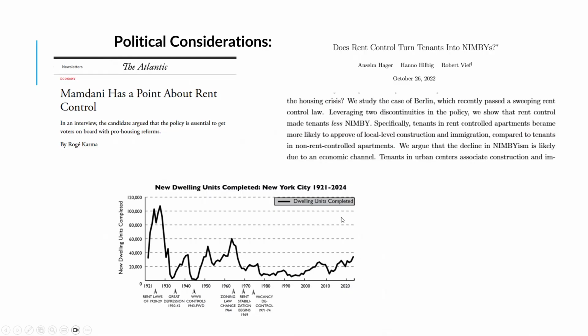So hopefully this all works out, especially with the whole City of Yes thing coming in, which I don't know if that's going to come in the way zoning advocates and maybe anti-zoning advocates would want. But hey, rent stabilization might be a tool that helps people be more supportive of new housing development. And that would be great for New York City.